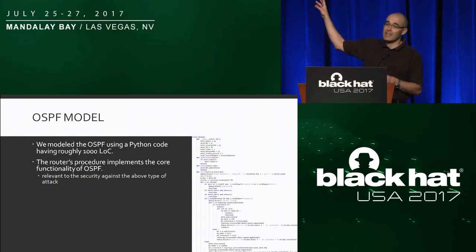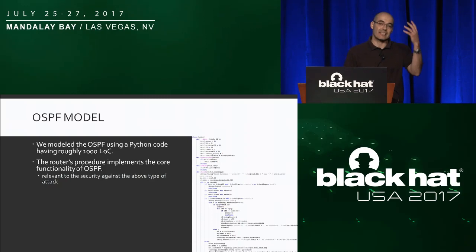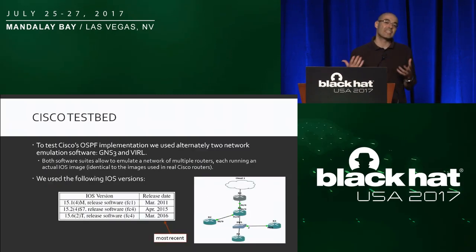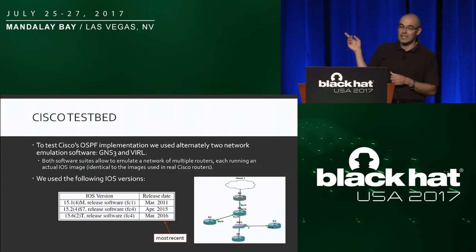So actually what we have done is to run symbolic execution on this Python program. This symbolic execution gave us a set of tests that cover the entire functionality of this Python program. And then we executed those tests on a network of real Cisco routers. Here we leveraged network emulation software suites called GNS3 and VIRL.